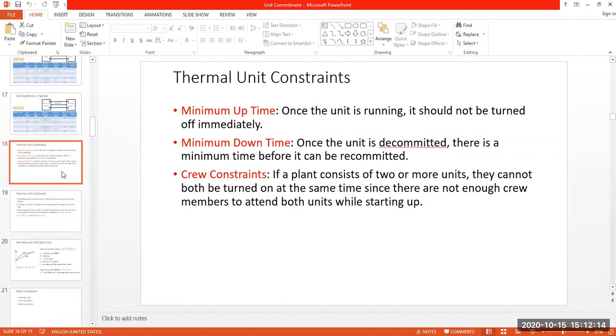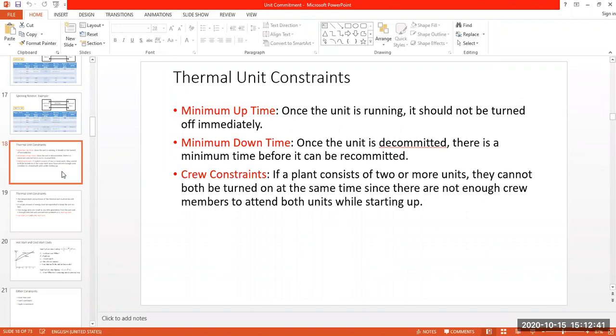So now we have only covered one of the constraints, the one related to spinning reserves, but there are other constraints. There are other constraints associated specifically with thermal power plants, thermal generating units. One of those goes with the thermal unit constraints. This is the title of the constraints, and under this umbrella we have different types of constraints.